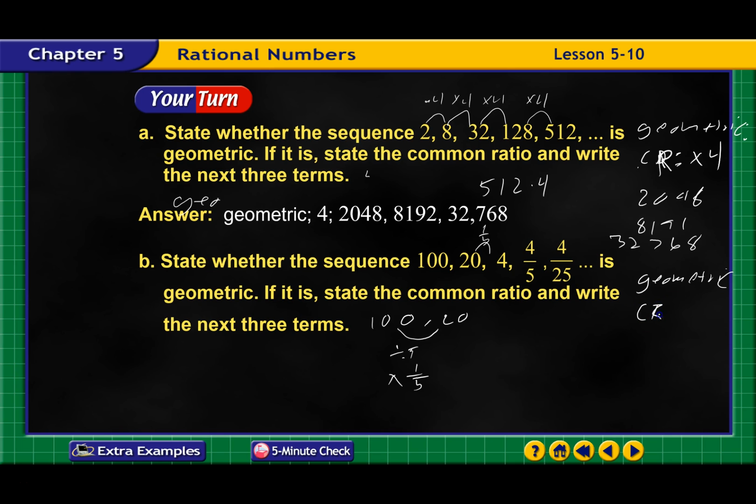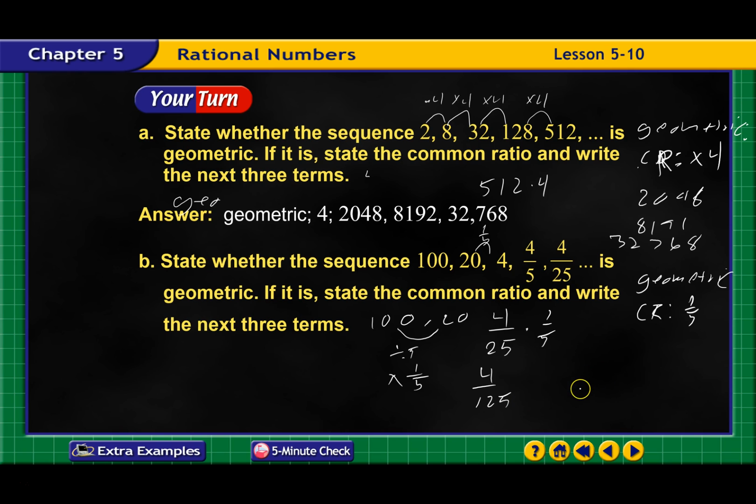Common ratio is 1 over 5. And my next 3 are going to be, so let's do them out here, 4 over 25 times 1 over 5. 5 times 25 is 125. So we have 4 over 125 as the first one.